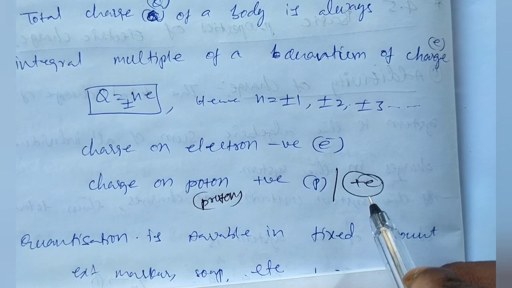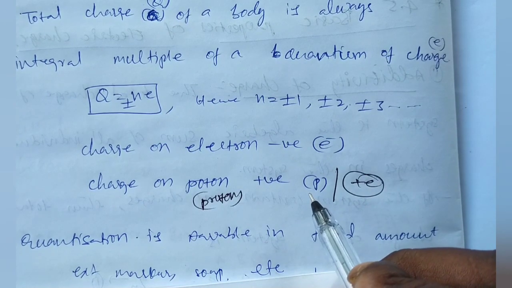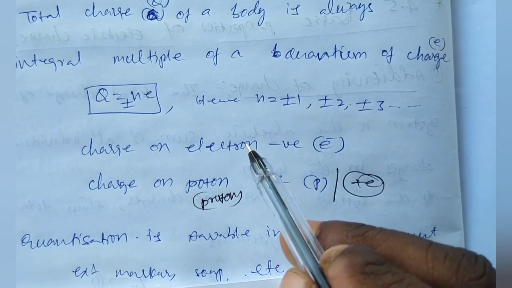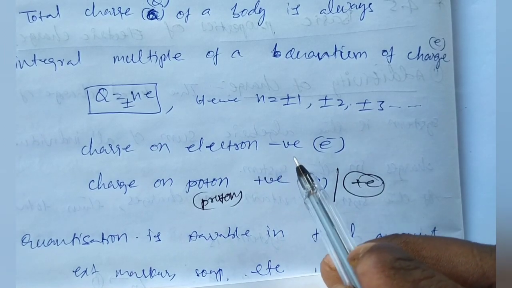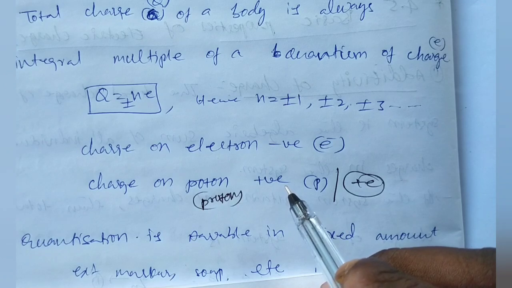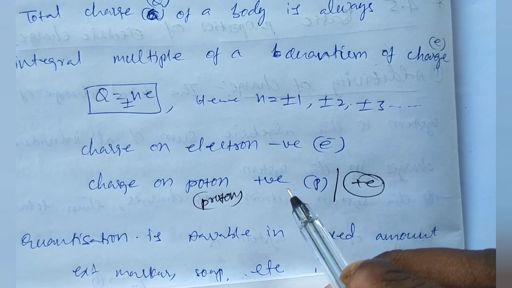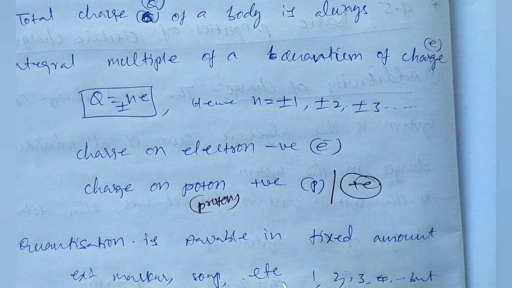Protons have positive charge carriers, electrons have negative charge carriers. Charge carriers are of two types, negative and positive. Neutral charge is also there; neutral means the number of negative charge carriers is equal to the number of positive ones.